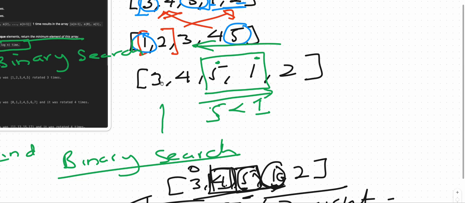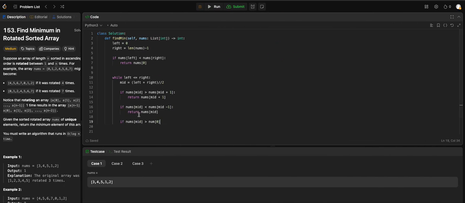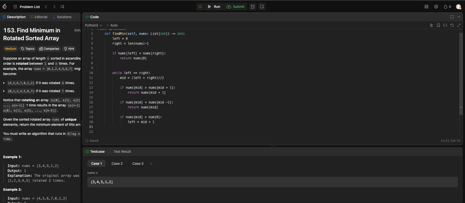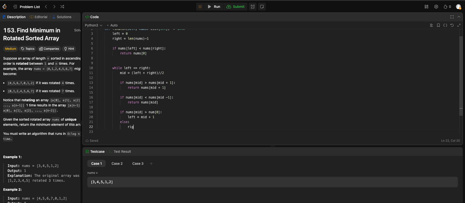So the minimum is not there, and we move to the right. Because that part is an increasing part, left is equal to mid plus 1. Else, right is equal to mid minus 1.